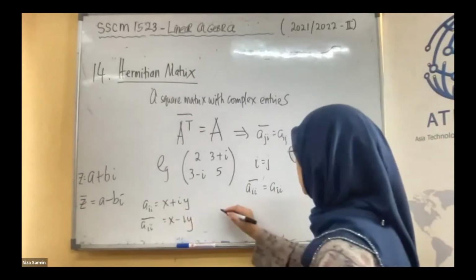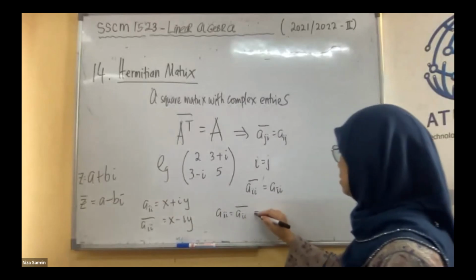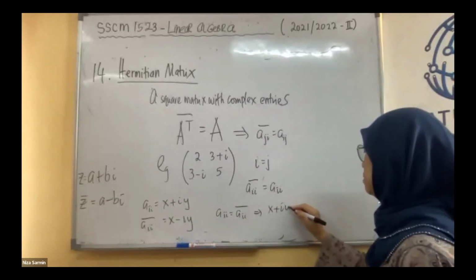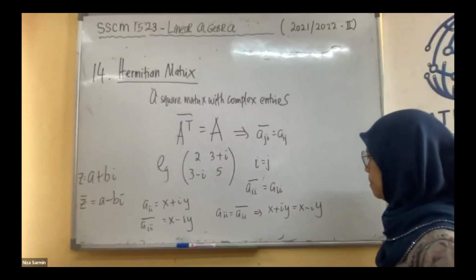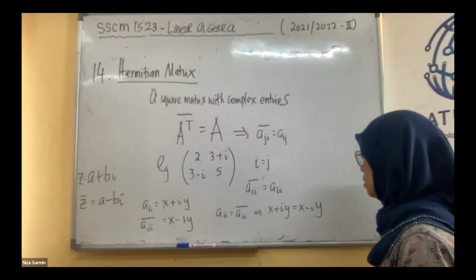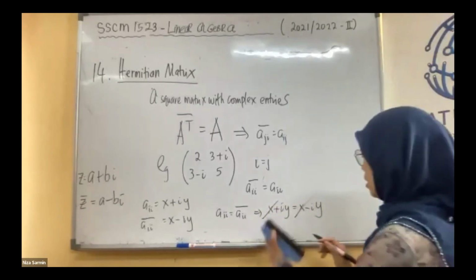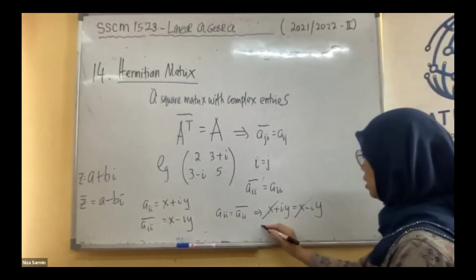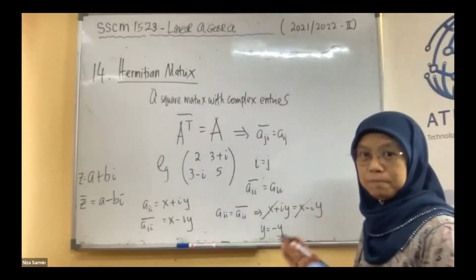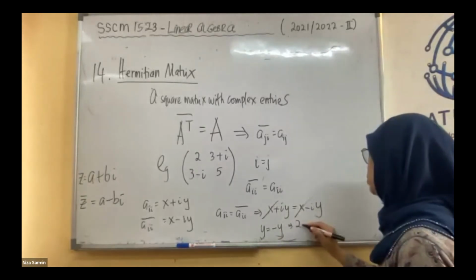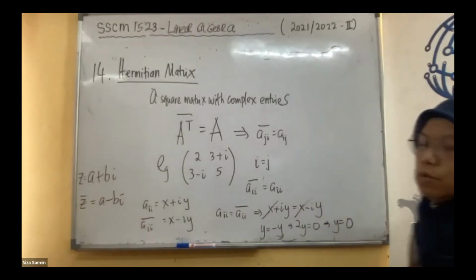If a_ii is a_ii bar, this means x plus iy equals x minus iy. Okay, x equals x is fine. This means y is negative y, because we equate the imaginary part. And this gives 2y is 0, which gives y is 0.